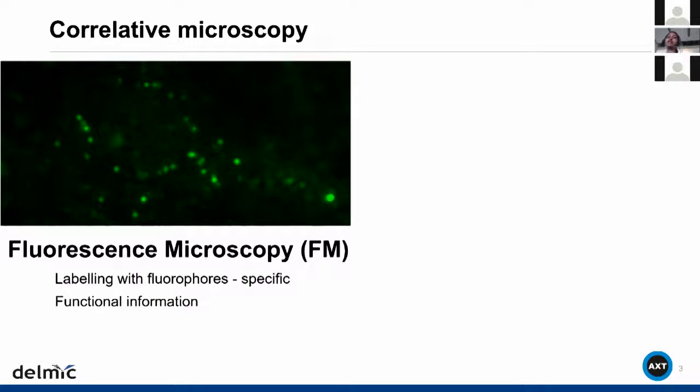The labeling with fluorophores in this case is specific, because the antibodies are specifically tagging different parts of the cell. This gives the advantage of obtaining functional information from this microscopy technique. And the resolution is of the order of 200 nanometers, which is the diffraction limit of light.